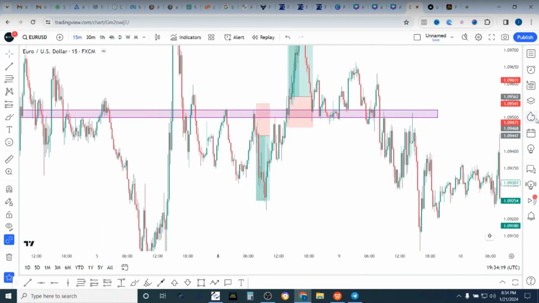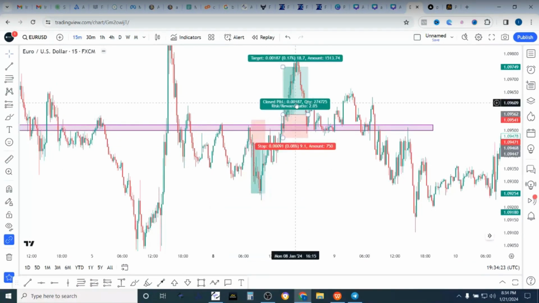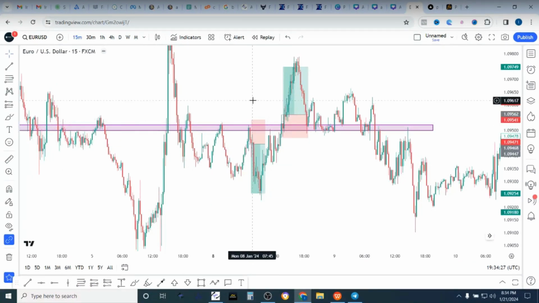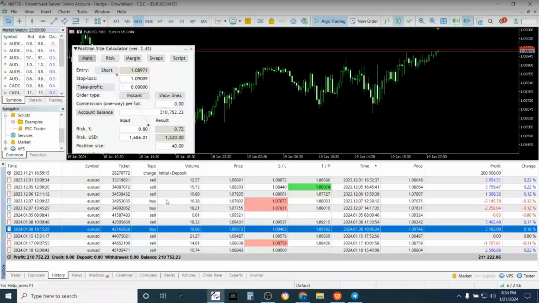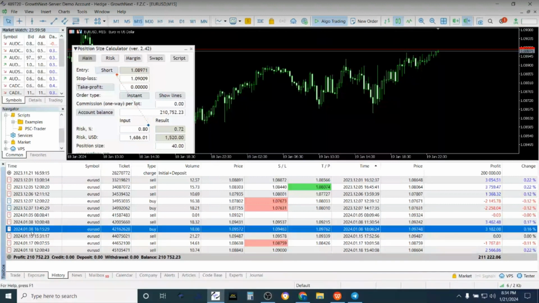If I come back here, these were the trades I took, right? 1 sell, 1 buy. If I put my mouse here and you look at the black label below, you'll see that it's on Monday, the 8th of January. So this was how I was able to generate my signal, and I went here and placed the trade, and that was how I was able to win the first trade here, which was also on the 8th of January.